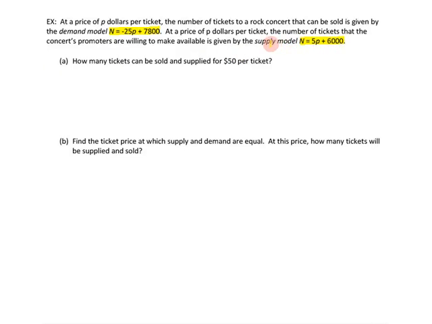How many tickets can be sold and supplied for $50 a ticket? Now that's easy enough. All they're asking is how many can be supplied, how many can be sold if P is 50. So to answer that question, you just got to plug in P is equal to 50. So the number for the demand would be N is equal to negative 25 times 50 plus 7,800, which gives me negative 25 times 50 is negative 1,250.